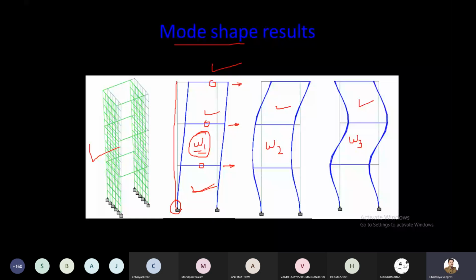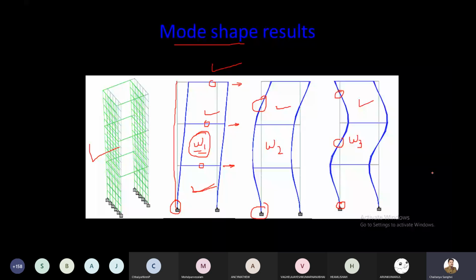Now here what is happening? It is intersecting here and it is intersecting here. These are the two intersections. So this is the mode 2, and this is the mode 3. How do you identify? This is the first intersection, second, and this is the third, right? So the three intersections. So this is the third mode.